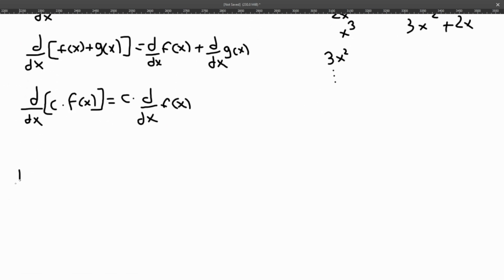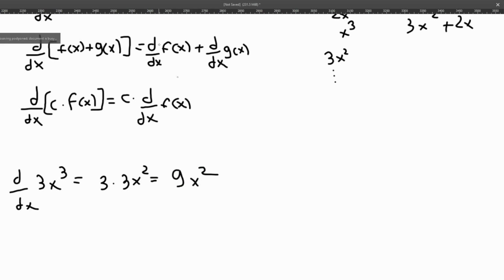So, for example, the derivative of 3x cubed, well, that's just going to be 3 times the derivative of x cubed, which is 3x squared. So it's going to equal 9x squared.